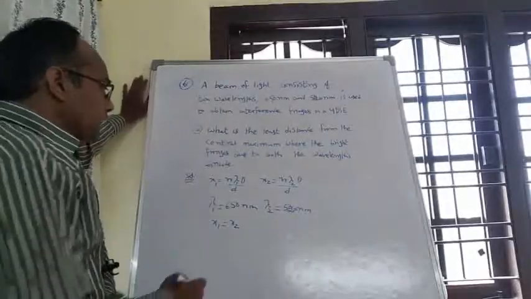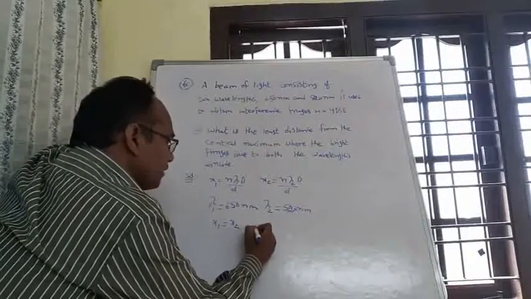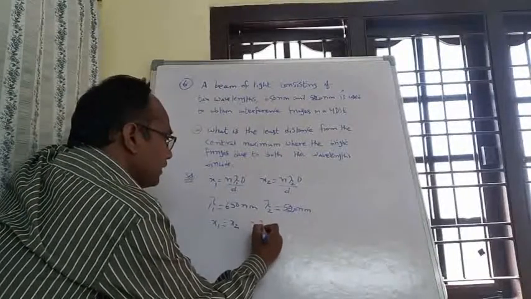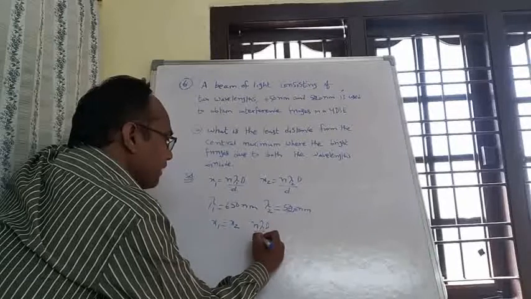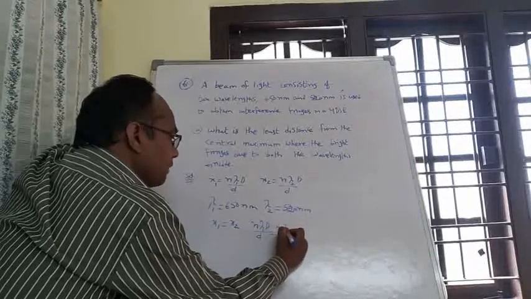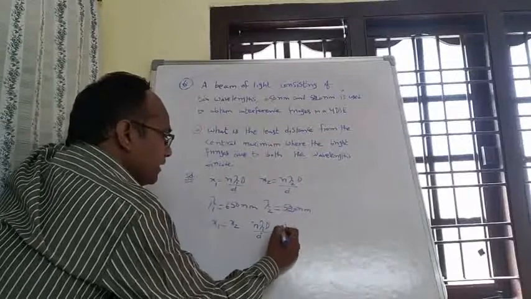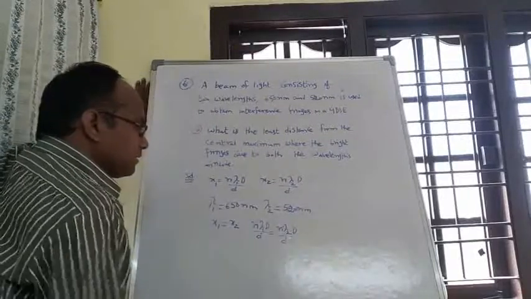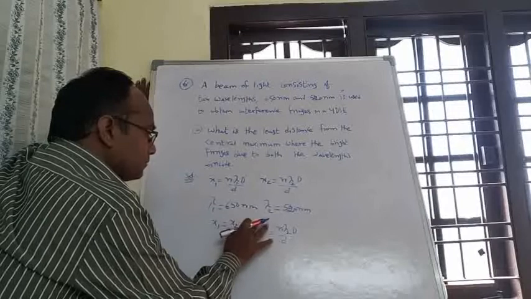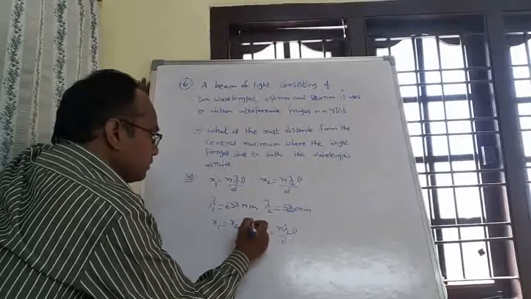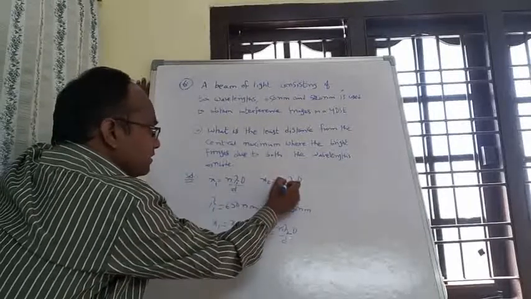So what is the value? You should write n1 lambda 1 D divided by d is equal to n2 lambda 2 D divided by small d. Small d and D cancel. So this is n1, this is n2.